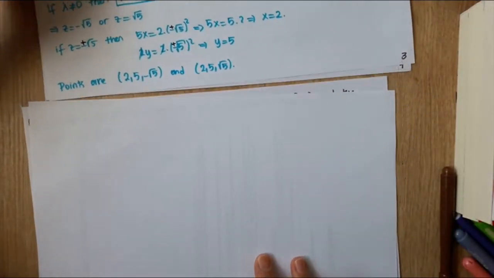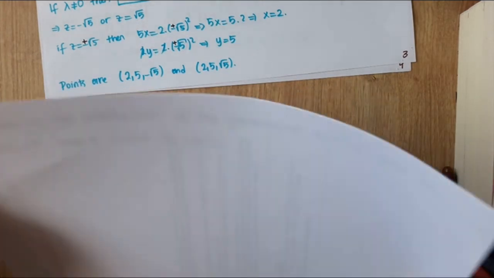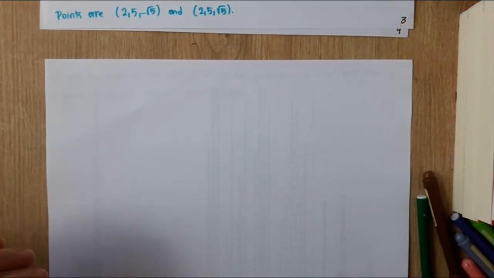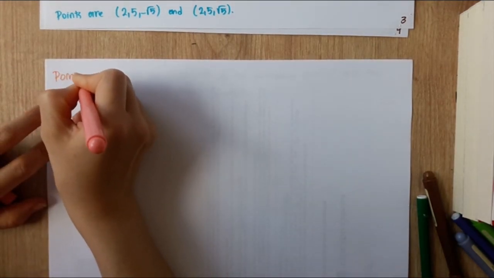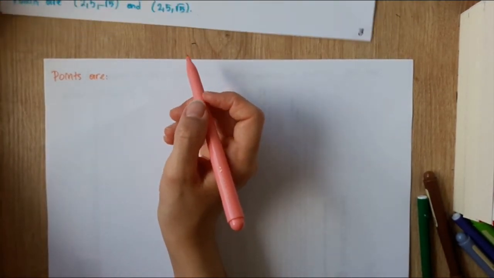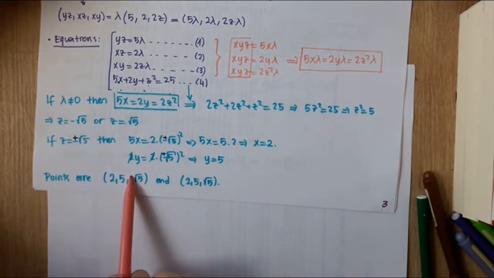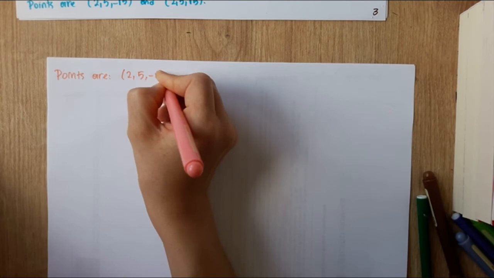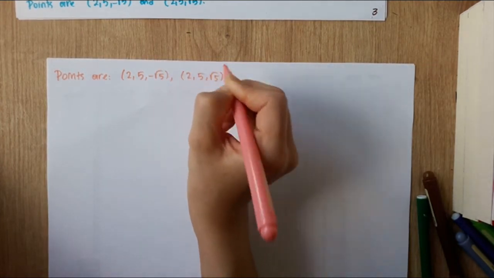From the first part, if lambda is different from 0, points are, let me write them. We have obtained that when lambda is different from 0, we have two different points here: (2, 5 minus square root of 5) and (2, 5 plus square root of 5).